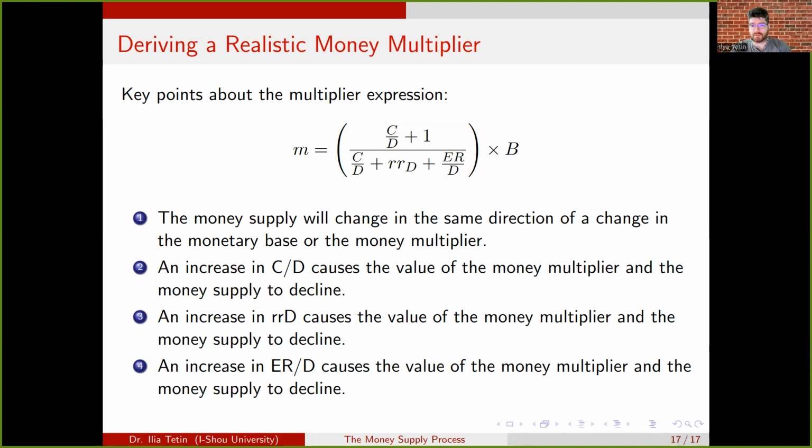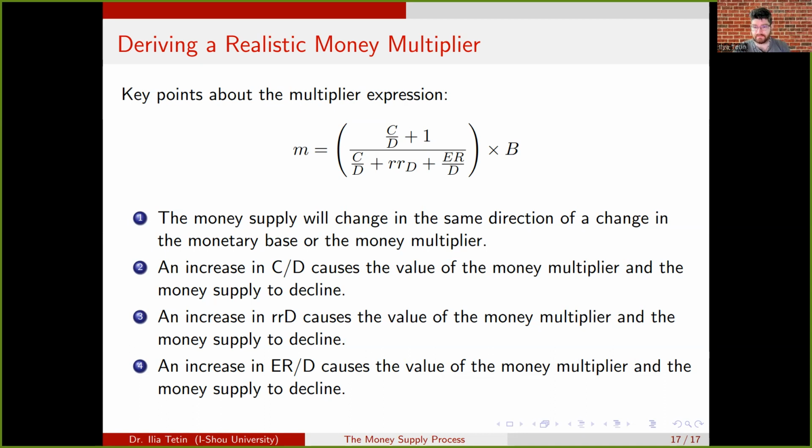Checkable deposits can be found from required reserves, and we know that required reserves are 80, and the required reserve ratio is 10%. So D is 800. 80 billion divided by 0.1 is 800.